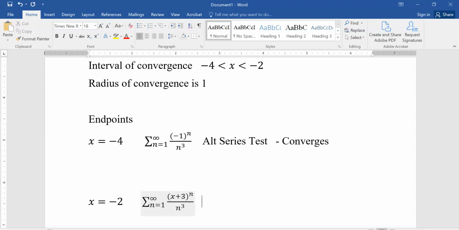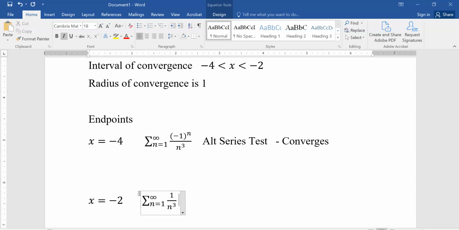Now, similarly, down here, we're going to plug in -2. If you plug in -2, then for x, -2 plus 3 is 1. 1 to the nth power is really just 1 every time. So we get 1 over n to the third.